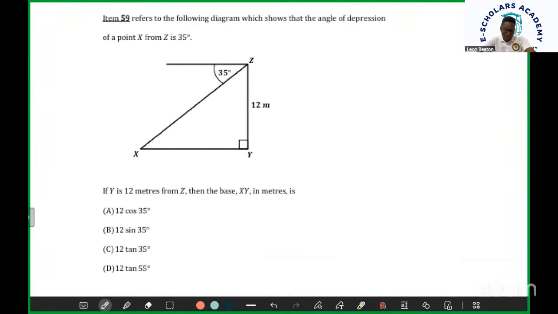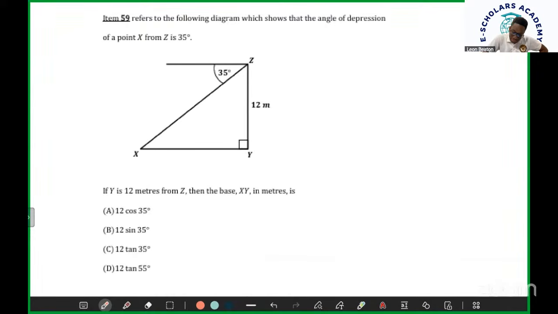So item 59 refers to the following diagram, which shows that the angle of depression of a point X from Z is 35 degrees if Y is 12 meters from Z. Then the base XY in meters is, so let me see.